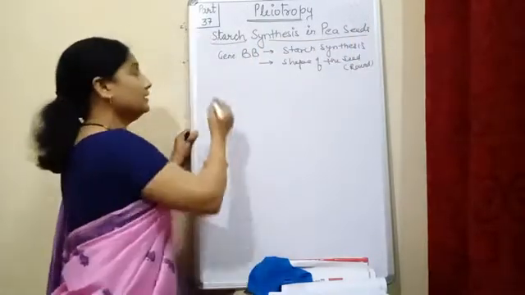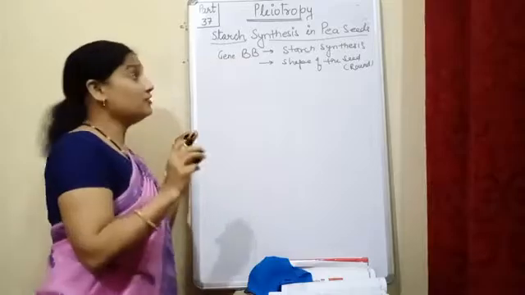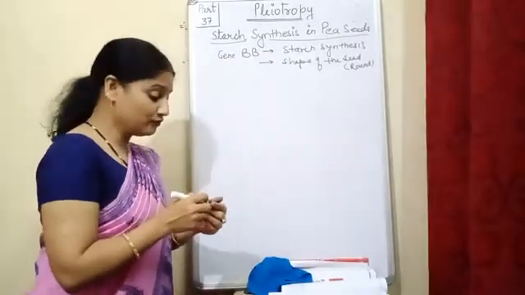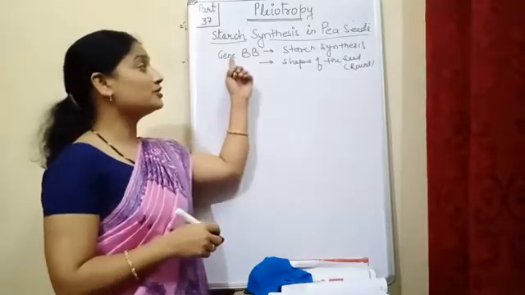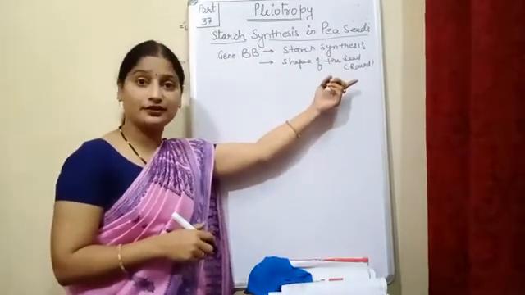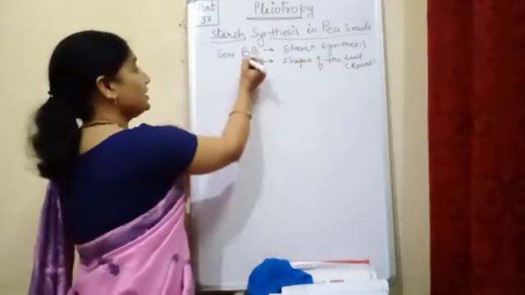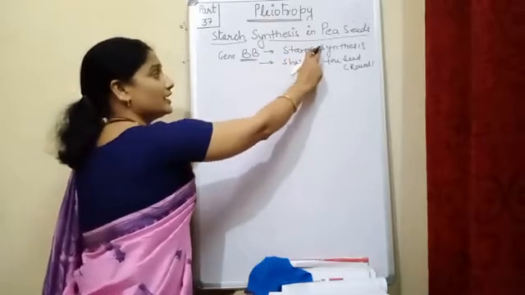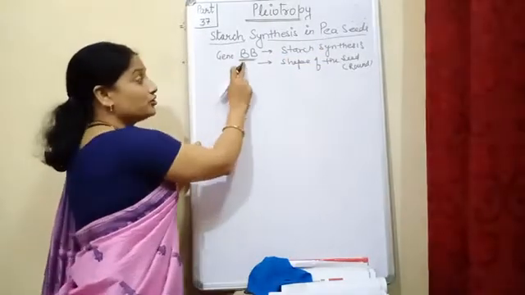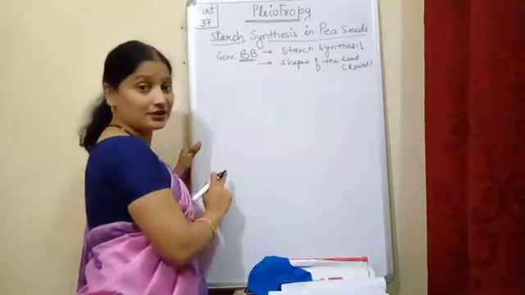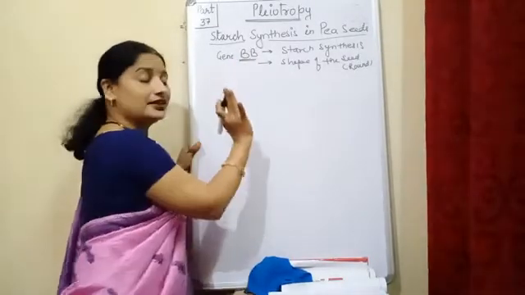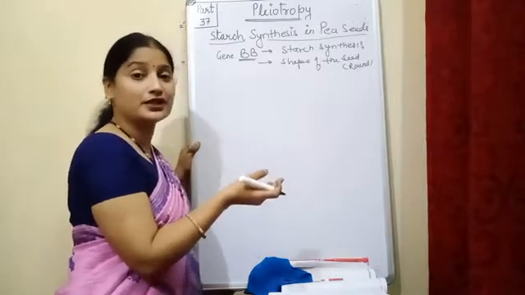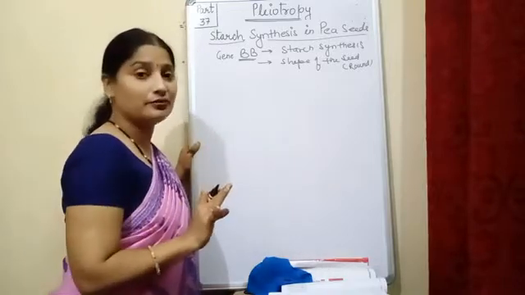Okay, here the gene which is responsible for the starch synthesis in case of pea plant is also responsible for the shape of the seed. Now suppose a gene BB is responsible for the starch synthesis. This is also responsible for the shape of the seed. And suppose if it is in the dominant condition, then definitely the pea plant will give a maximum amount of starch as well as the shape of the seed will be round.